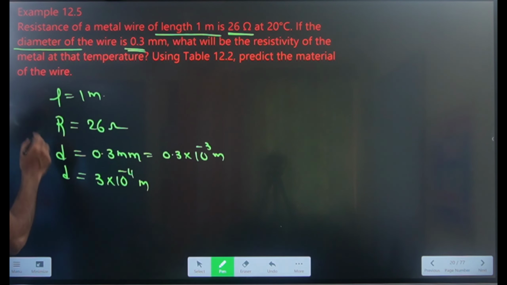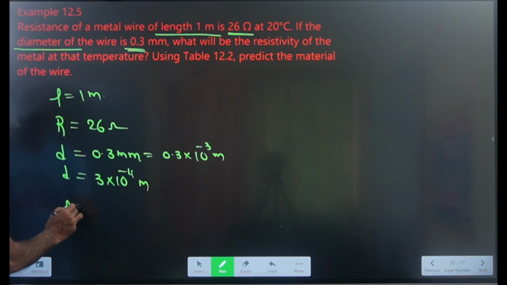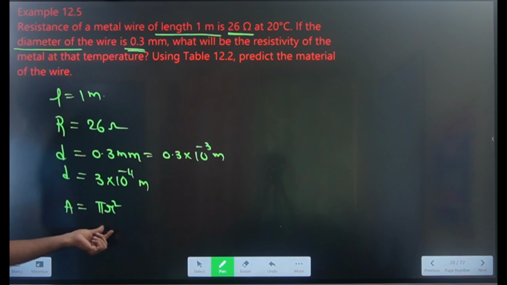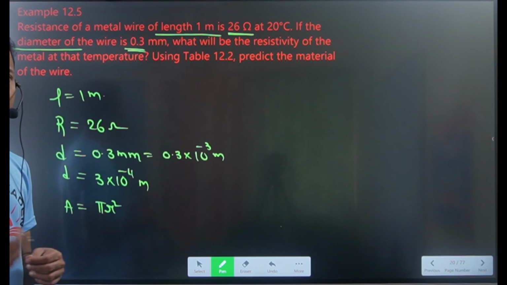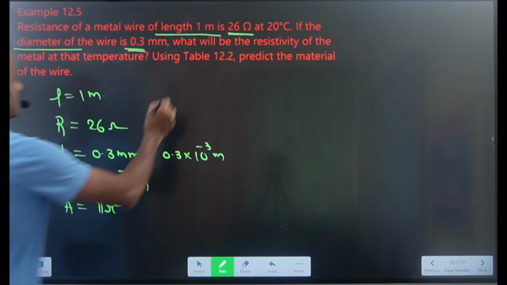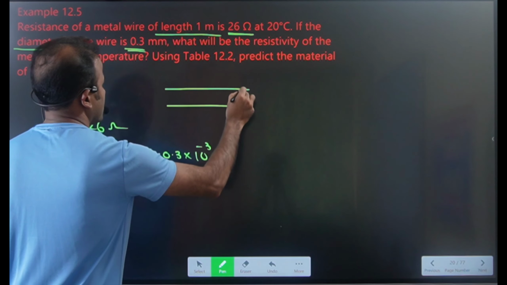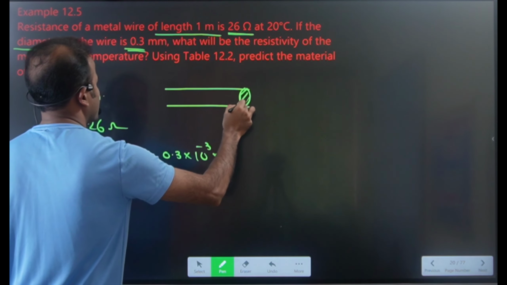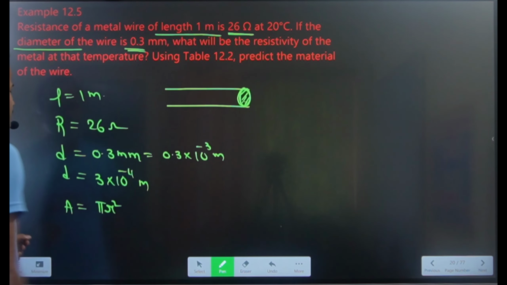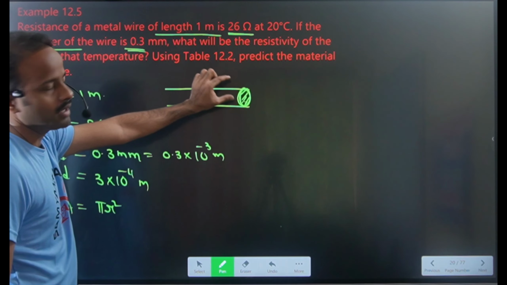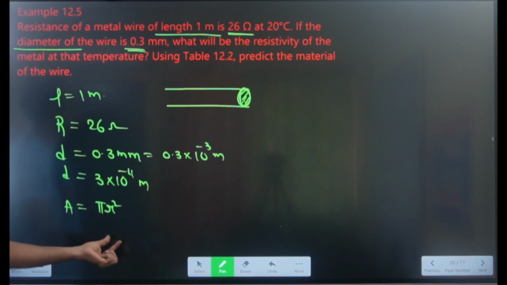Okay, length, resistance. Then area, how will you calculate the area? We know the formula for the area of a circle is pi r square, and the wire is in circular shape. This cross section we are measuring, right? So we have to take the cross section area of this wire, which is circular, and you consider the area as pi r square.